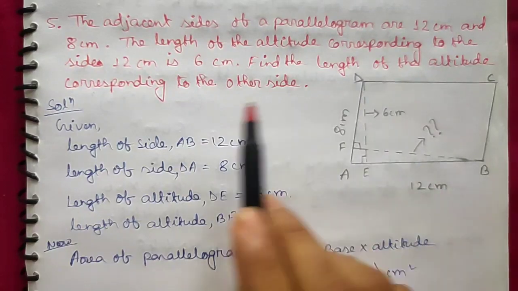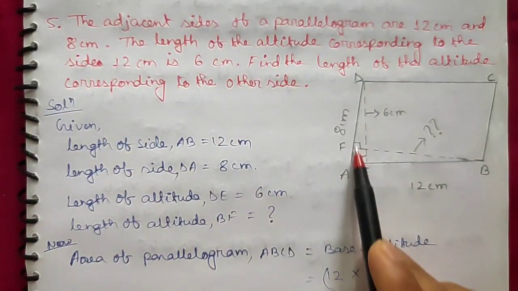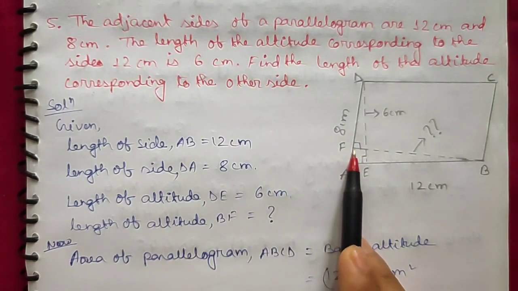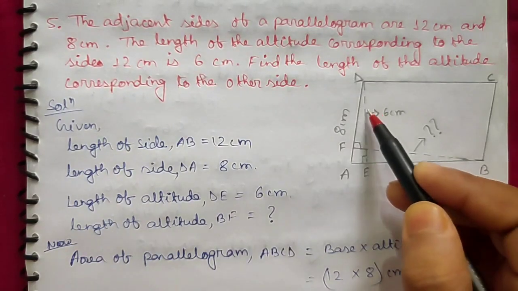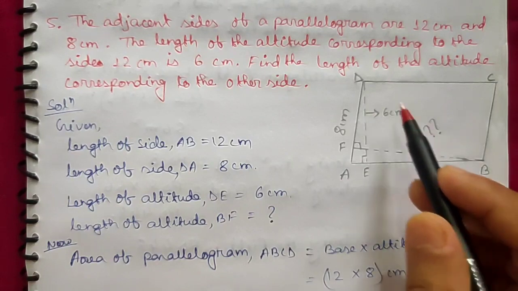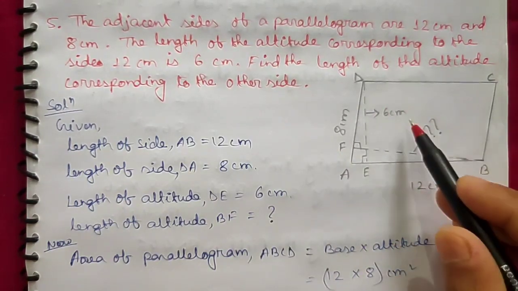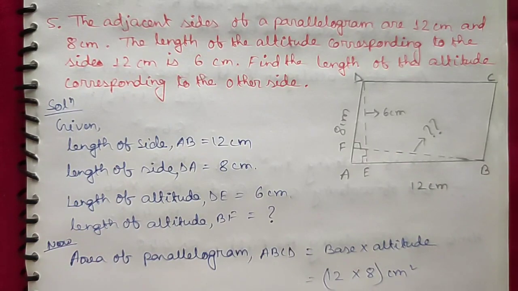Find the length of the altitude corresponding to the other side. So which is the other side? This is the other side, and we have to find the length of this altitude. Now, how will we find it? Look, in the first case we have this altitude along with its corresponding side. From this, can we find the area of the parallelogram? How? We will multiply base with altitude, and there will be a result.